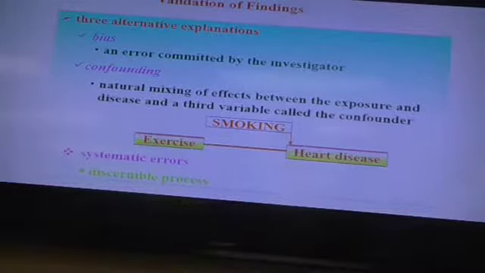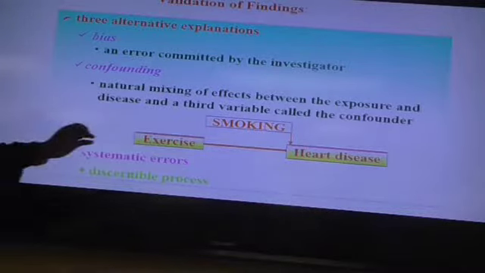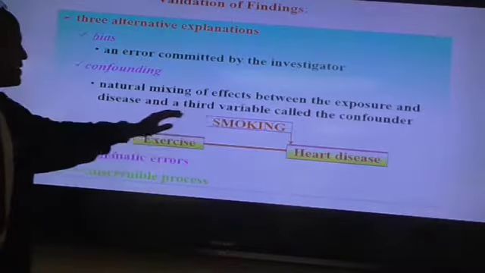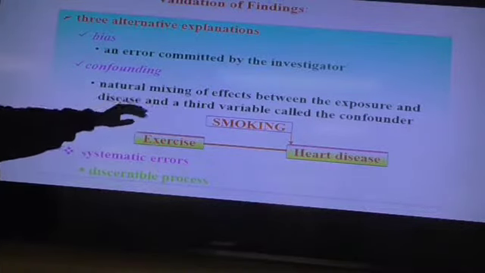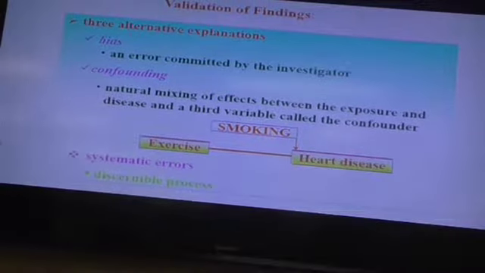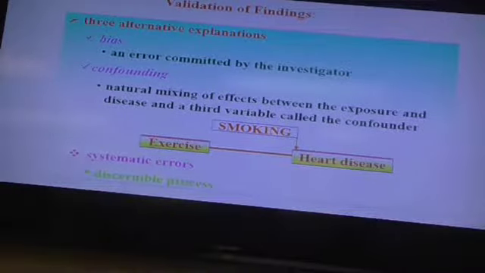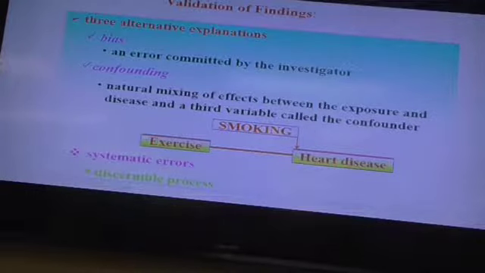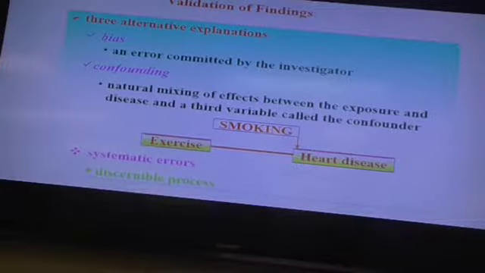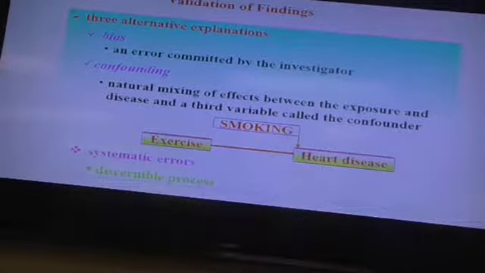Confounding, on the other hand, is a natural mixing of effects between exposure and disease, and the third variable that we call a confounder. What we normally do in analytical study designs, as you know, is we have exposure and outcome.